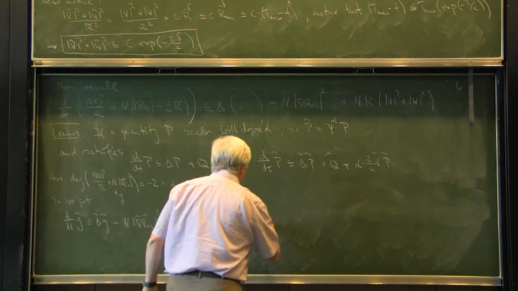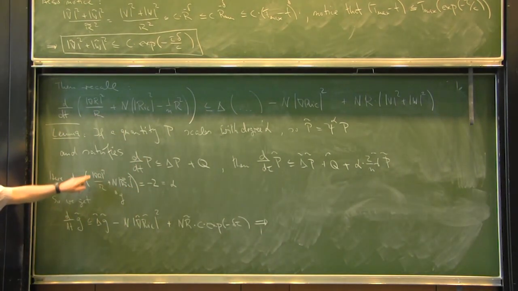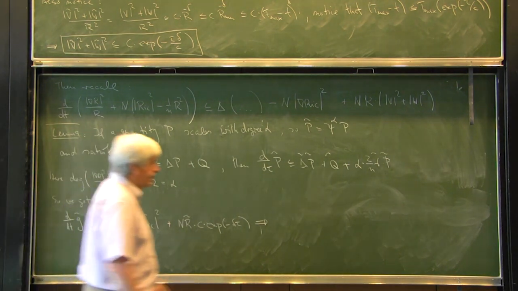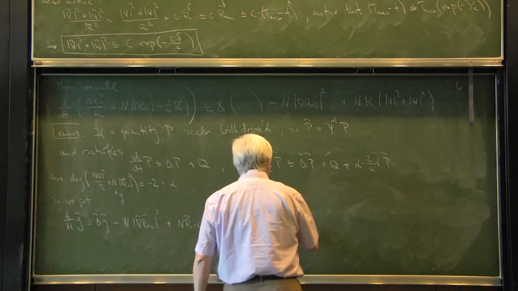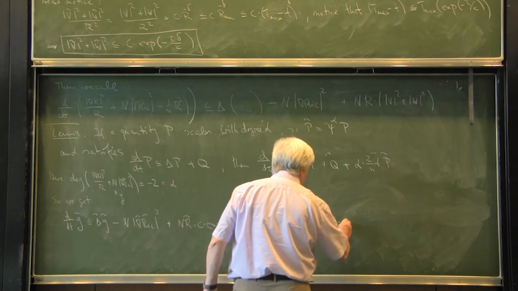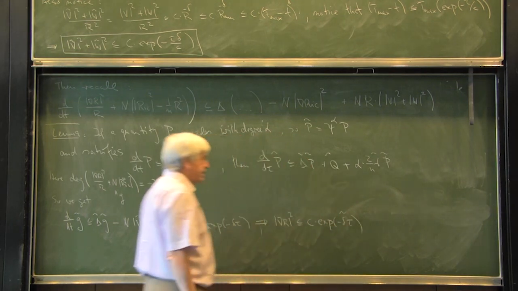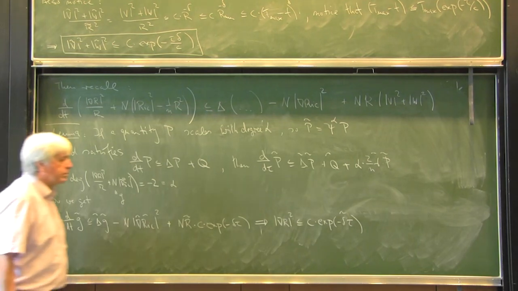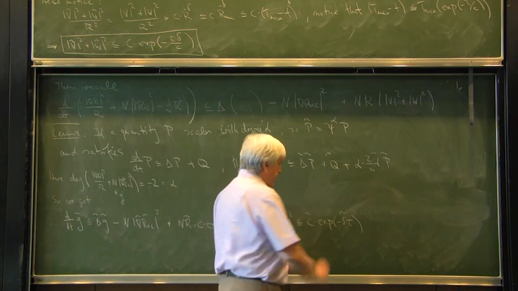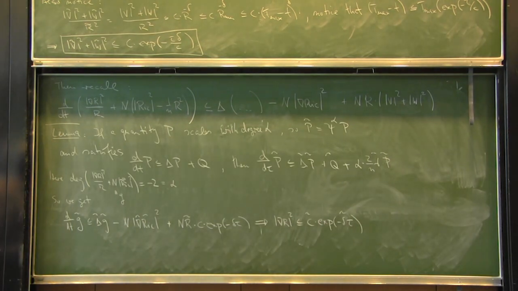So this must now also decay. But this in particular means the first term decays. But the denominator is bounded, so this must mean that gradient r decays exponentially, with some worse constant, some new constant and some smaller exponential decay rate. But you get an exponential decay.